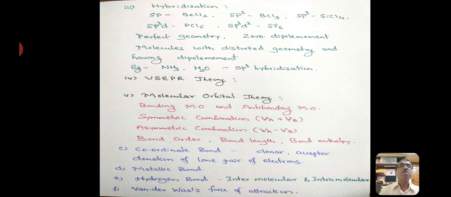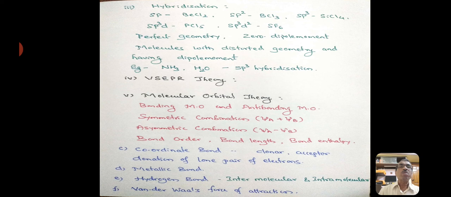One molecular orbital has lower energy and another has higher energy. The one having lower energy is called the bonding molecular orbital, and the other having higher energy is called the anti-bonding molecular orbital.